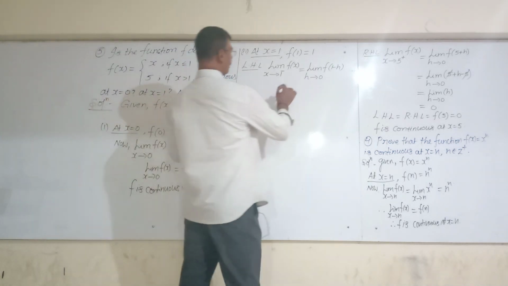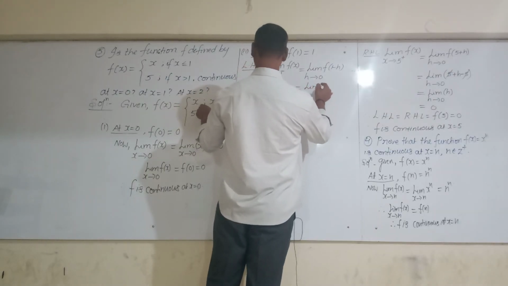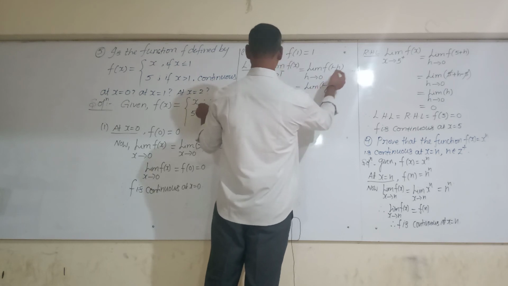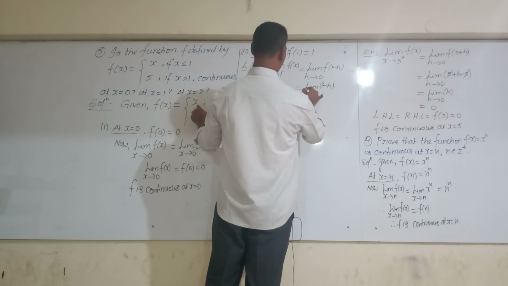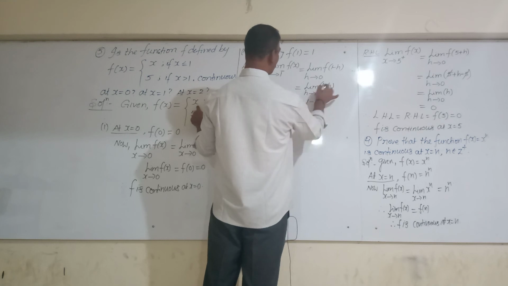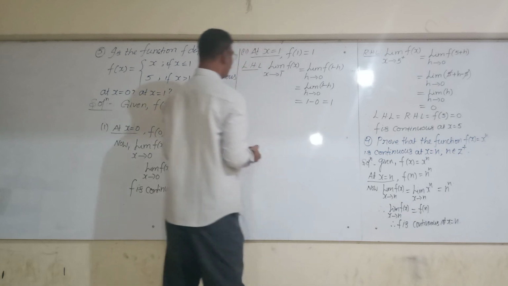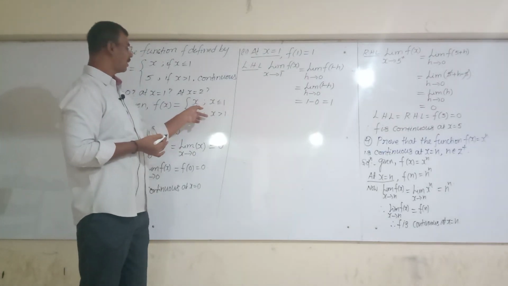X. This equals the limit of 1 minus h, that is x replaced by 1 minus h, as h tends to 0. Now we apply the limit, 1 minus 0 is equal to 1. Okay, this is the left hand limit.